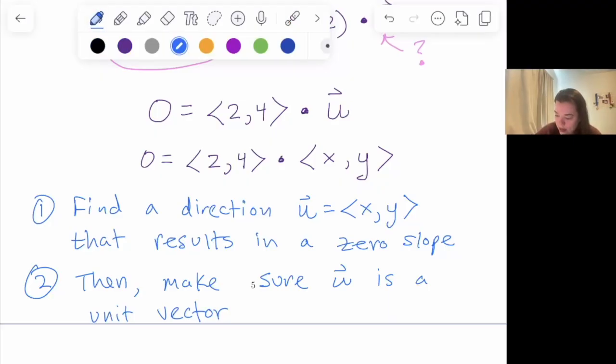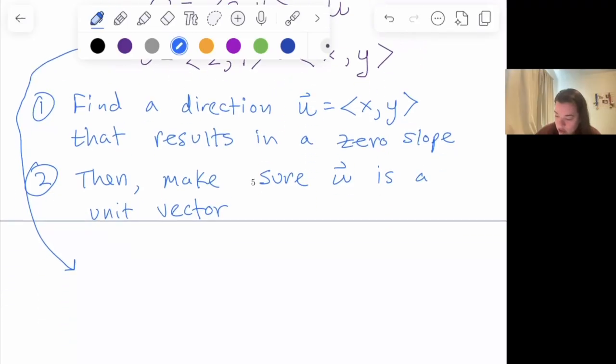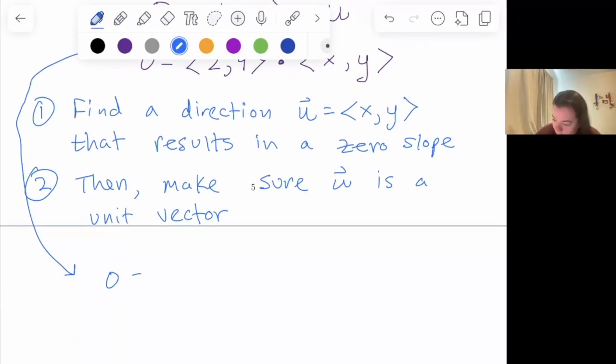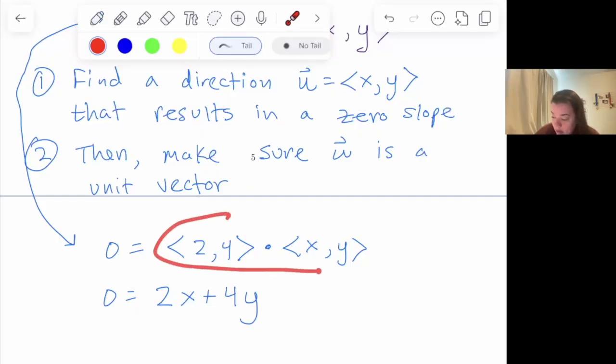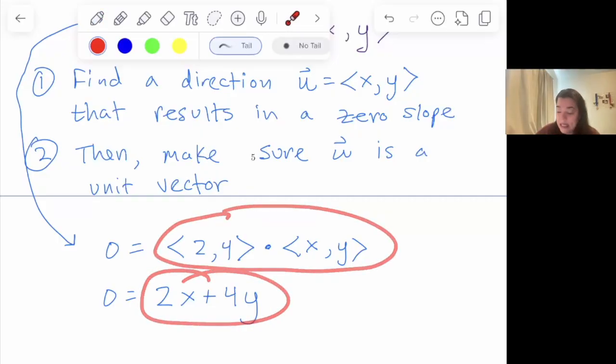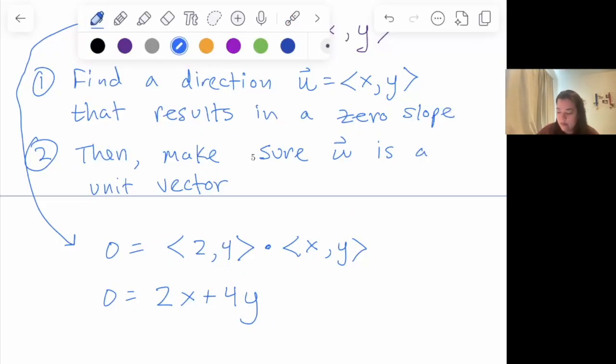We need, so let's do that dot product. All we need, I'll recopy down what we wrote so we can see it. All we need is 2 times x plus 4 times y. I've just computed this dot product. That's all I did there. All we need is for that to equal 0.